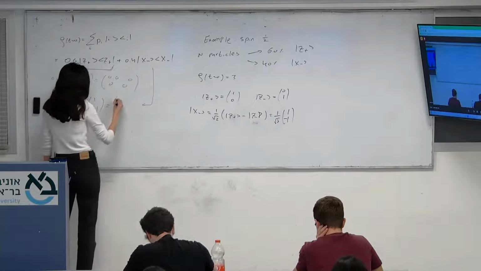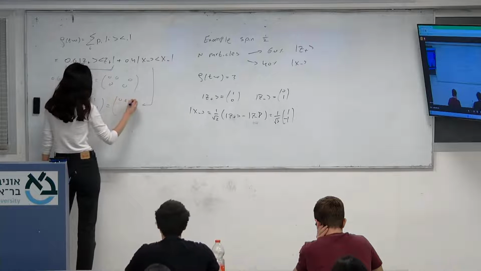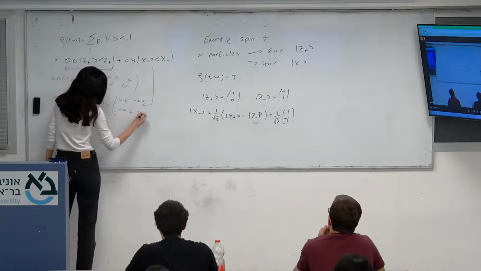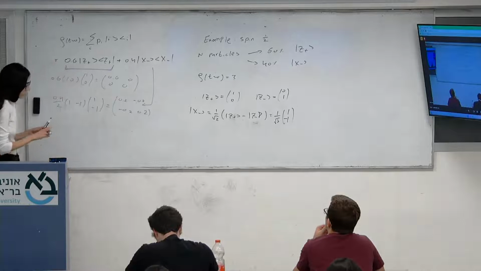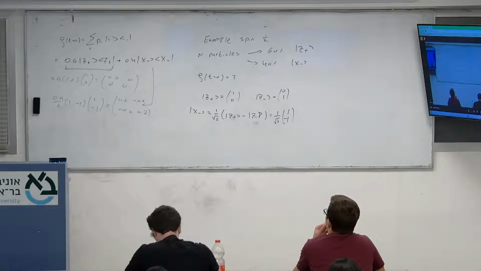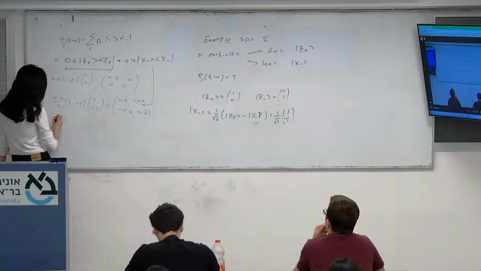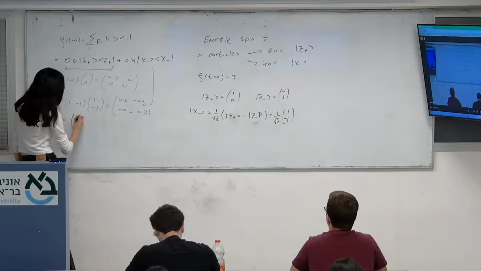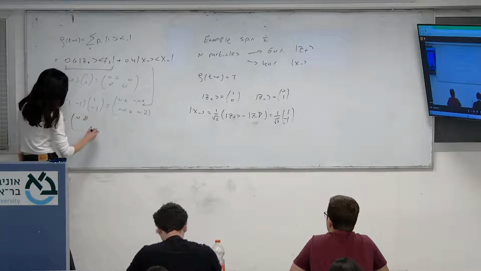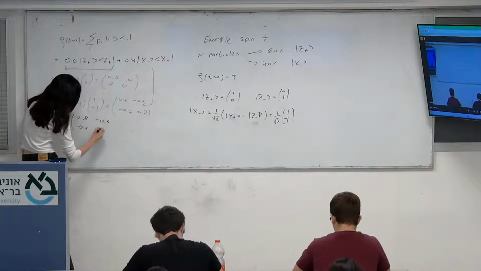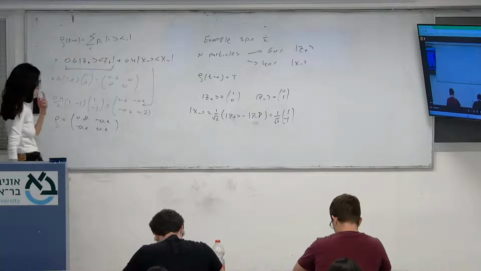So overall I have 0.2, -0.2, -0.2, 0.2. So rho is equal to 0.8, -0.2, -0.2, and 0.2.